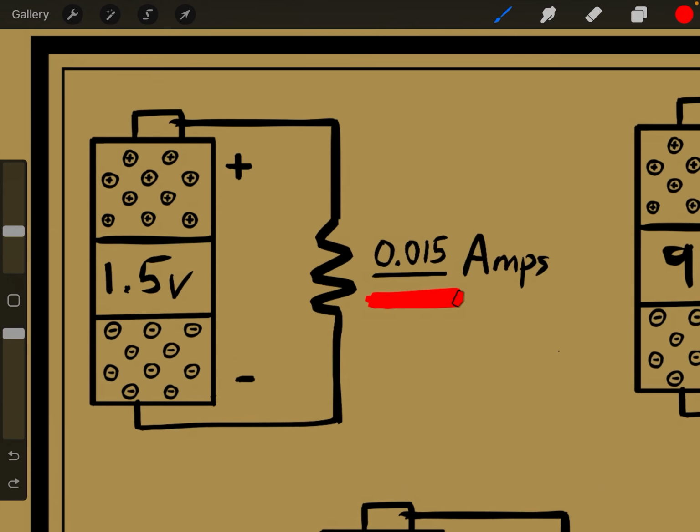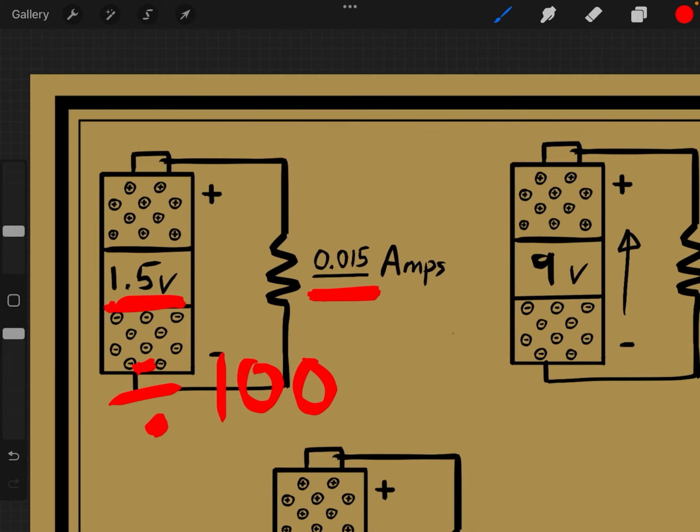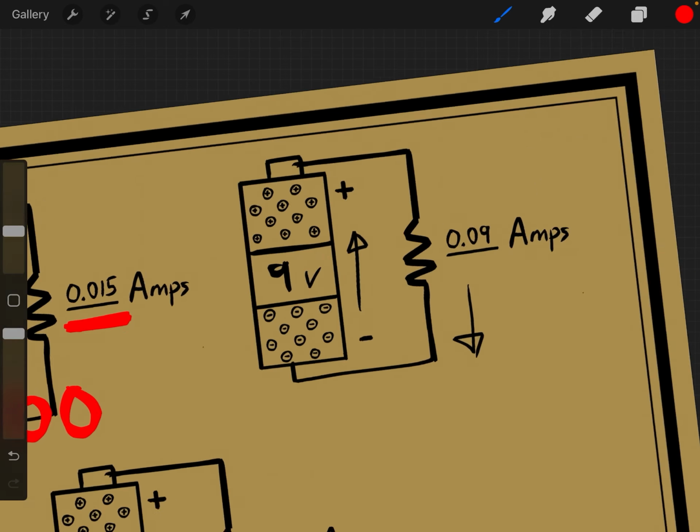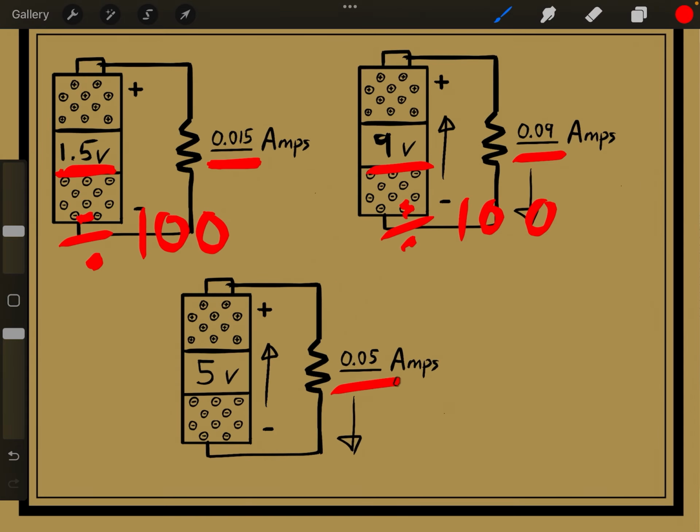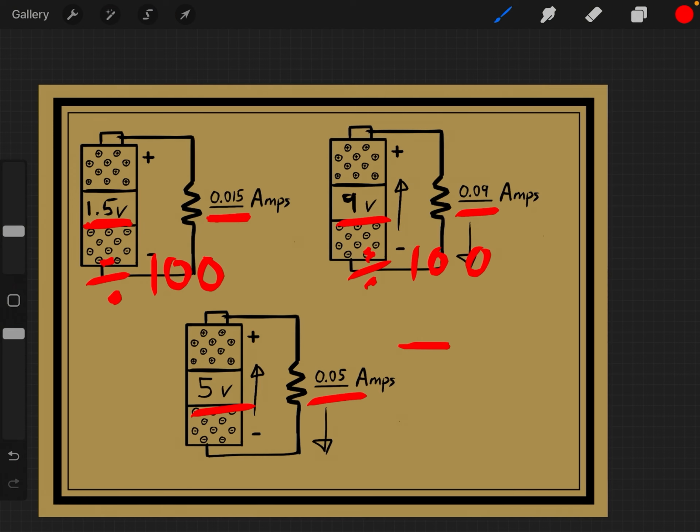The current going through the circuit is equal to the voltage of the battery divided by 100. That's true for this circuit. It's true for this circuit. 0.09 is just 9 divided by 100. And it's true for this circuit as well. The current going through the circuit is equal to whatever the voltage is divided by 100.